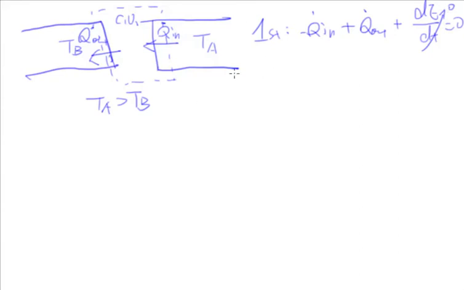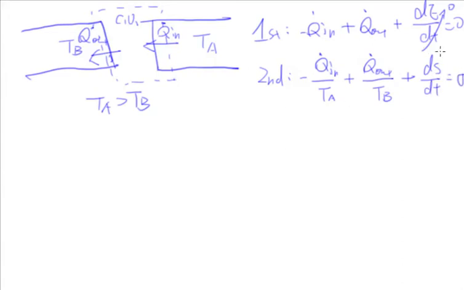If we apply the second law and combine these two, and this is also 0, we'll get the entropy production rate within the control volume.